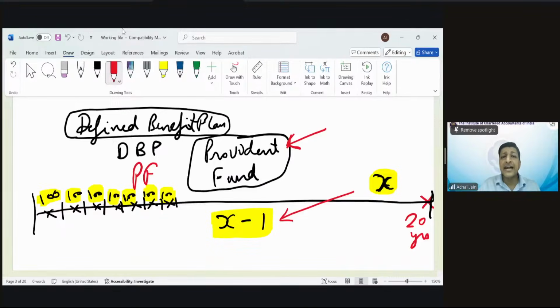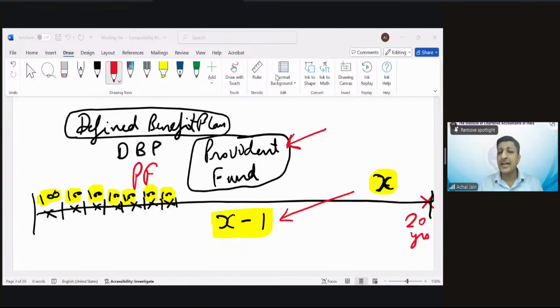So any shortfall that arises in the given situation, who will bear that? That shortfall will have to be borne by the employer, right?